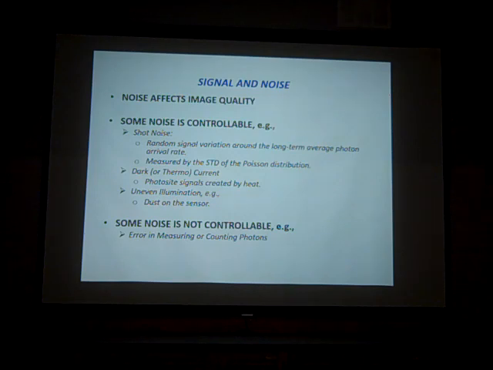Let's say that the true average photon arrival rate is 1,000 photons per minute. You may capture 1,020 photons. You may capture 980 photons. Next time you may go out and capture 1,001 photons, and so on.